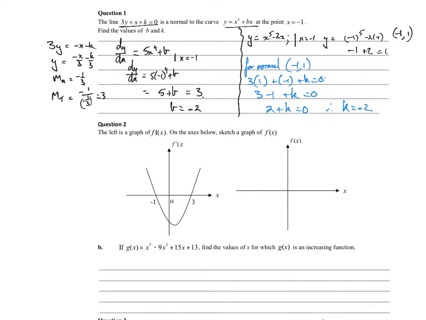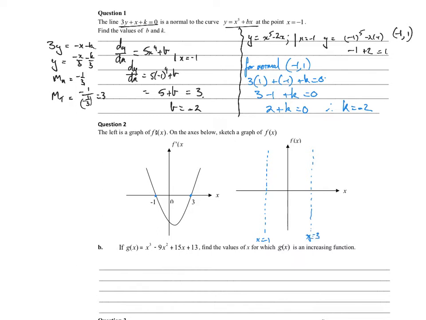Let's keep moving along. The graph on the left is a graph of, we'll take that as f dash of x. So looking at the graph here, at those points there, f dash of x is equal to 0. So I have turning points along here at x equal to -1 and x equal to 3.